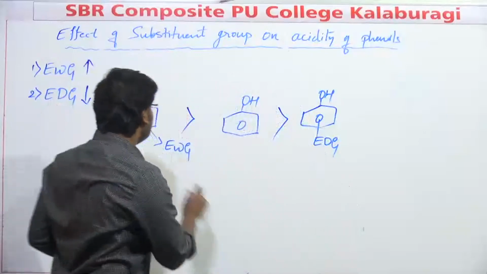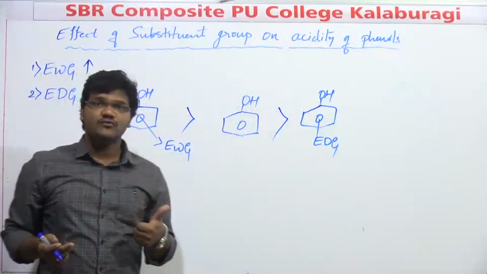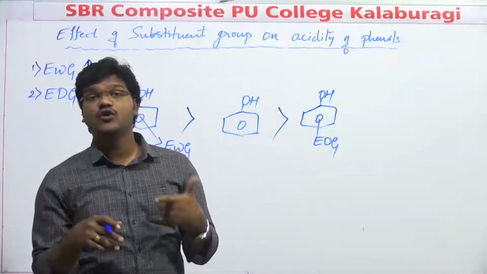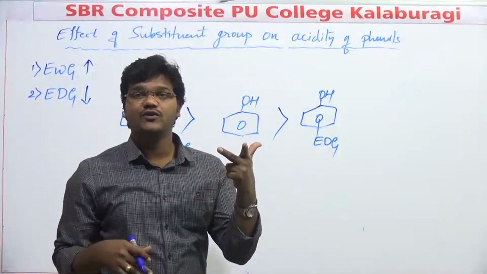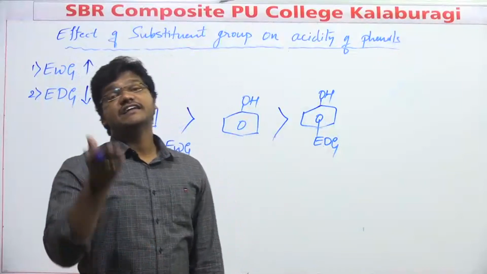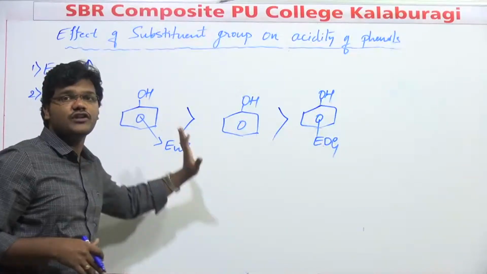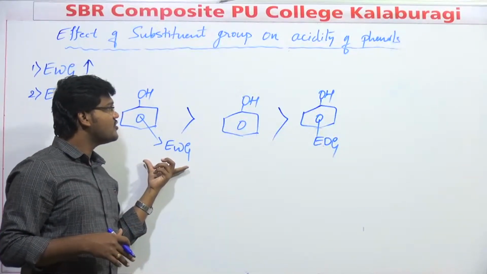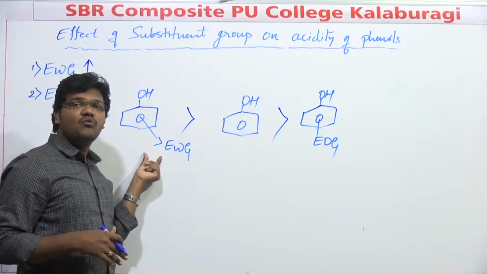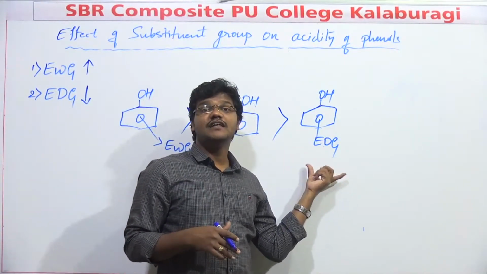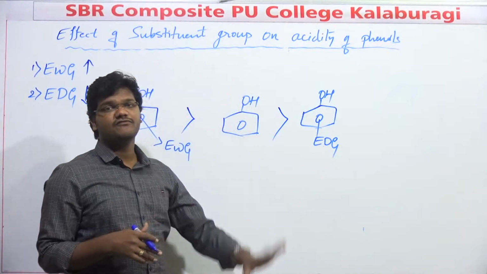Similarly, electron withdrawing groups like the nitro group, NO2, and halogens, chloro, bromo, iodo, fluoro, all increase the acidic nature of phenol. So electron withdrawing group substituted phenols are more acidic compared to phenol, and electron donating group substituted phenols are less acidic than phenol.